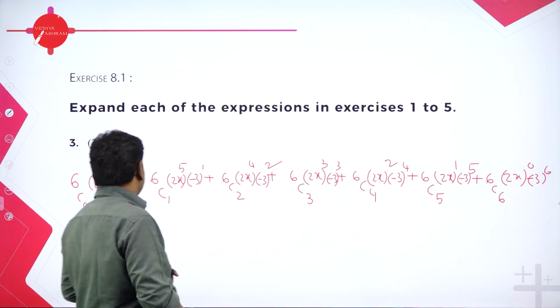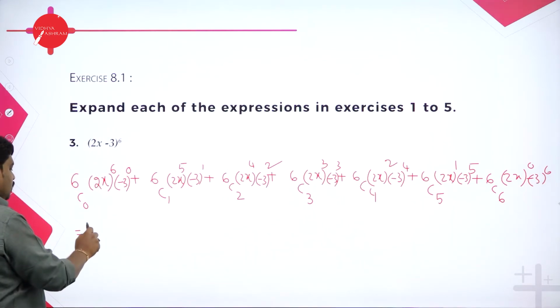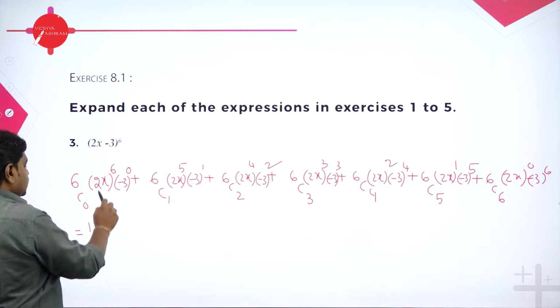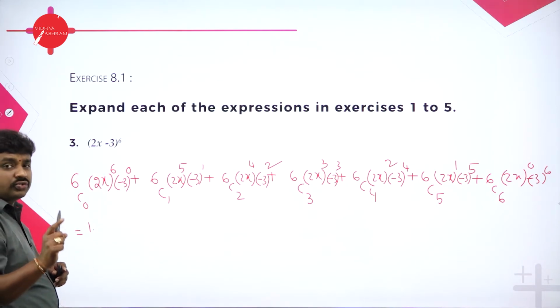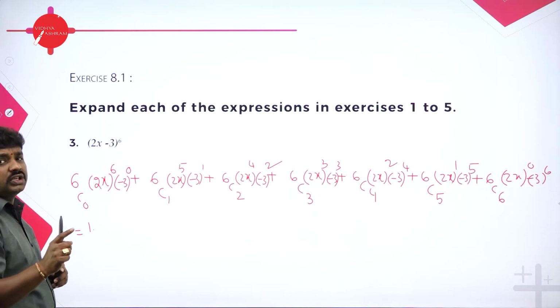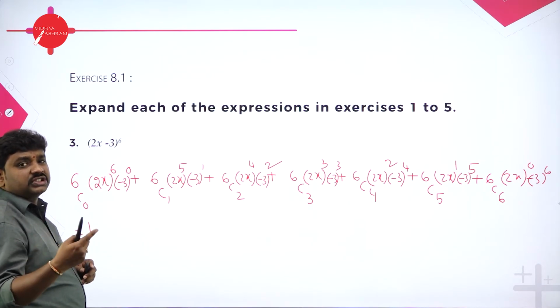Now simplify this. 6c0 is 1, so this is 1. 2 power 6: 2 2s are 4, 2 4s are 8, 2 8s are 16, 2 16s are 32, 2 32s are 64.